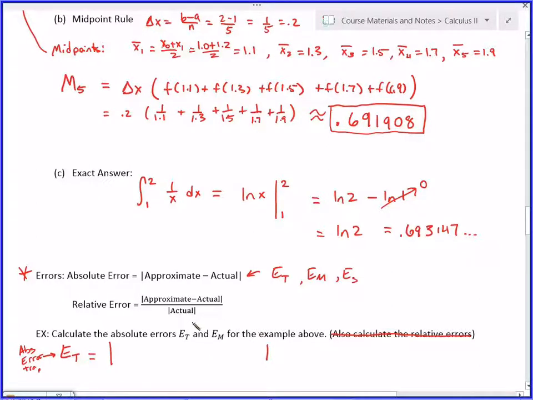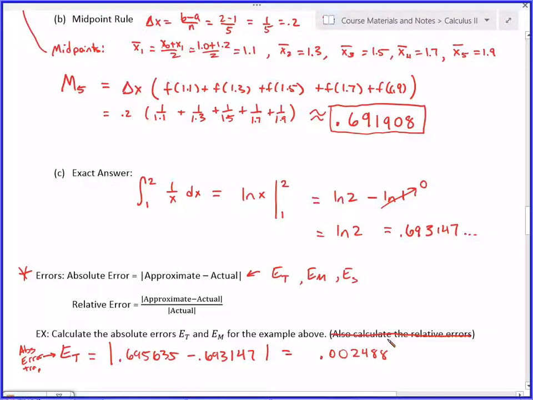What was the approximate value we got for the trapezoid rule? 0.695635 minus the actual value, which gives me 0.002488.